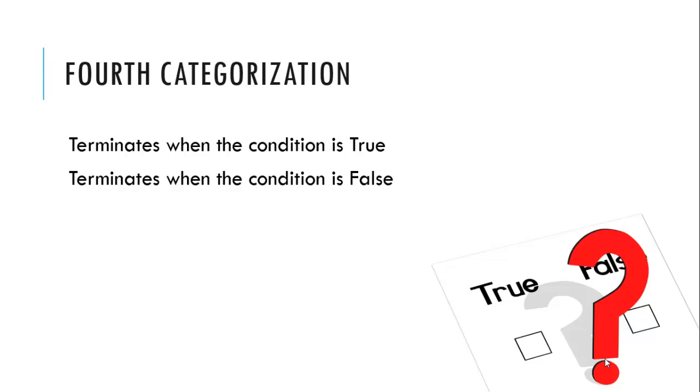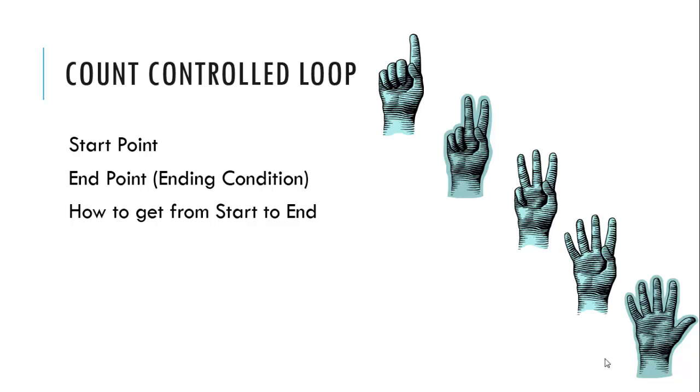That means as long as the number is not greater than 10, keep looping. As soon as the number actually becomes greater than 10, the condition will be true, so the loop will terminate. So the loop keeps looping as long as the condition is false and terminates when the condition becomes true.